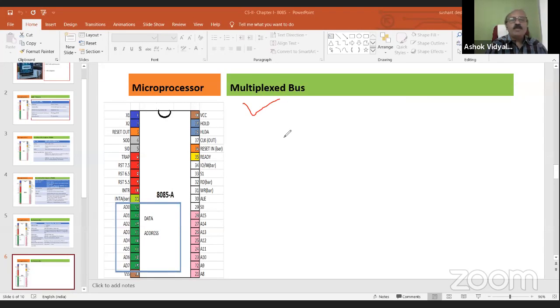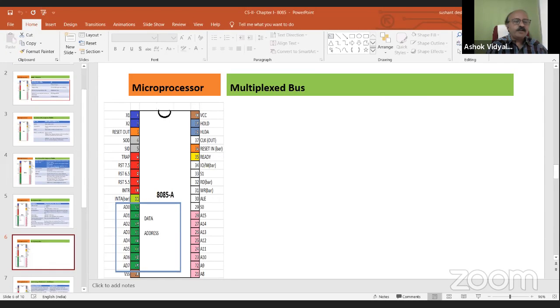The meaning of multiplexing is doing two things with the help of one particular resource. I am useful for putting an address, and I am also useful for putting data. This is called multiplexing. Is this clear? Guys, is there any difficulty?